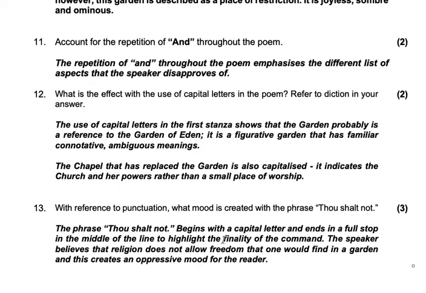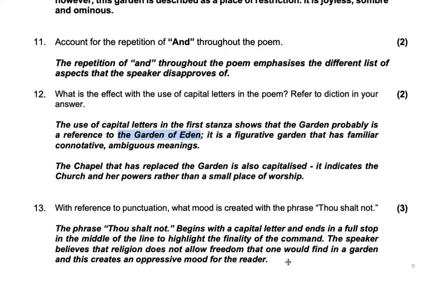The chapel that has replaced the garden is also capitalized. It indicates the church and its powers rather than a small place of worship. I didn't include this Garden of Eden situation in my initial analysis, so I would just stick to what we've discussed in the beginning.